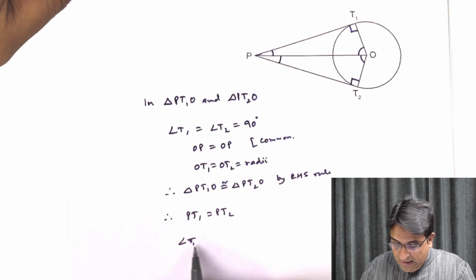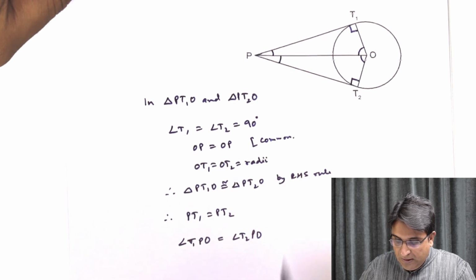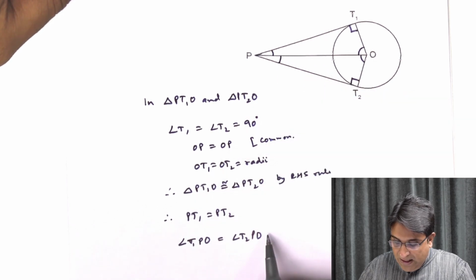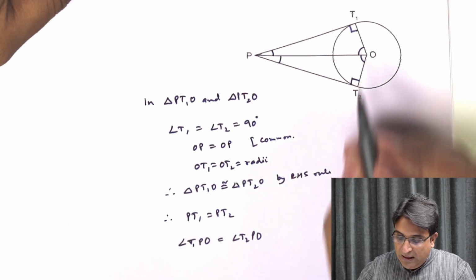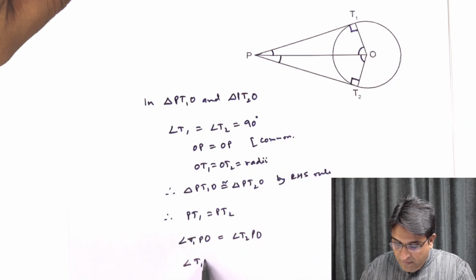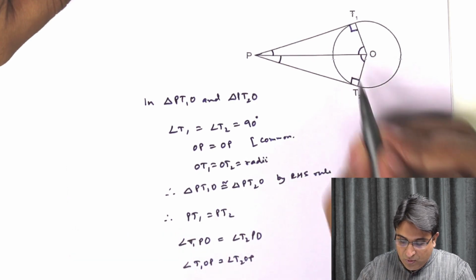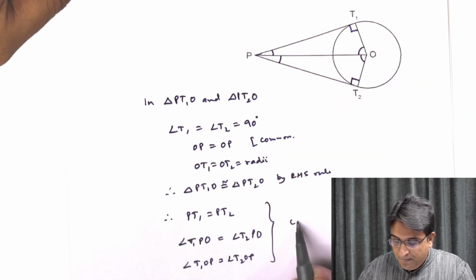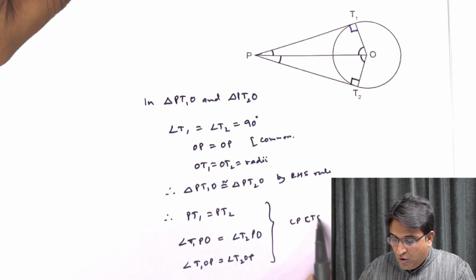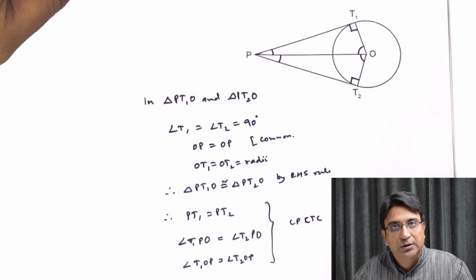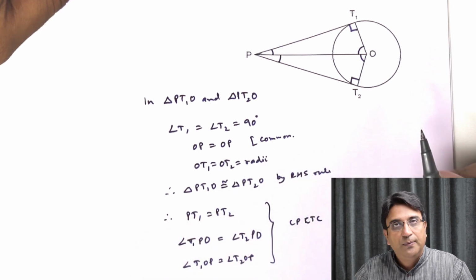Angle T1PO is equal to angle T2PO, and they are also equal. And lastly, we get angle T1OP is equal to angle T2OP, and they are all equal. Why? Because corresponding parts of congruent triangles are congruent. Alright, so that's the proof for this theorem.